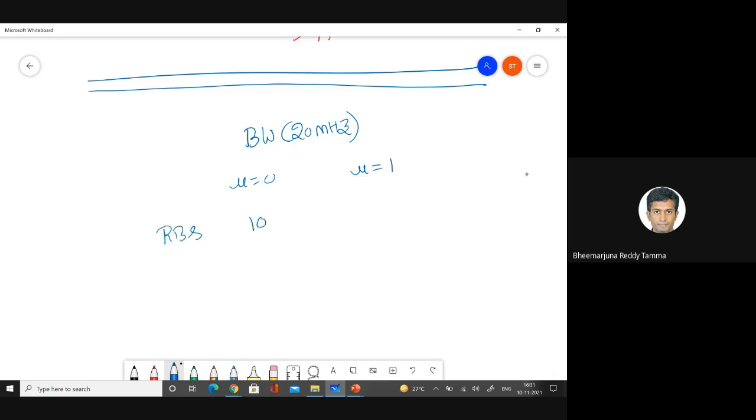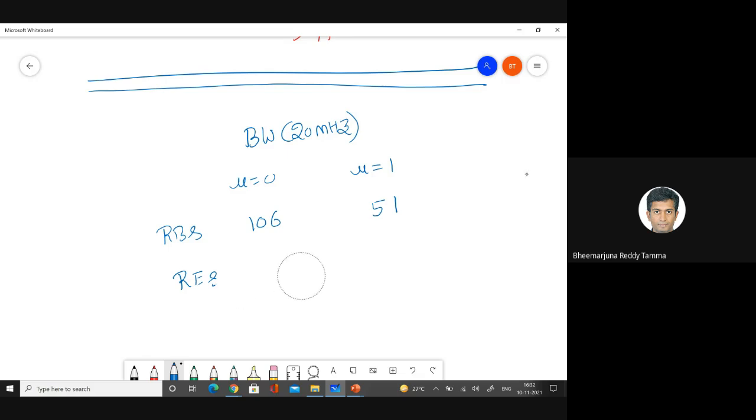So this is 106 and this is 51, right? Yes, sir. And if you calculate the resource elements over a time span of 1 millisecond.